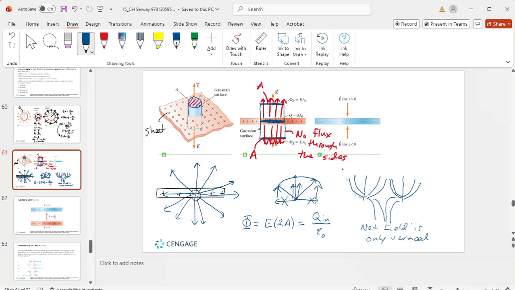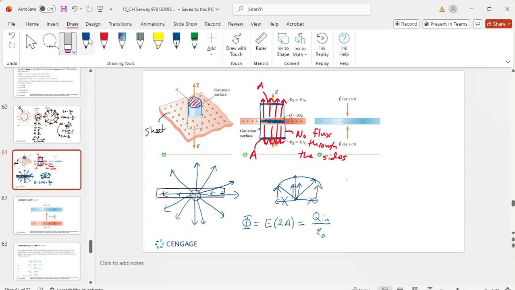Okay? And so, as a result, what I can say, let me erase our dipole field picture, is that my field is then equal to my enclosed charge divided by 2 times epsilon naught times A. All right?